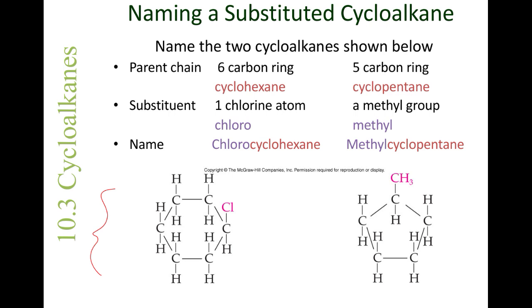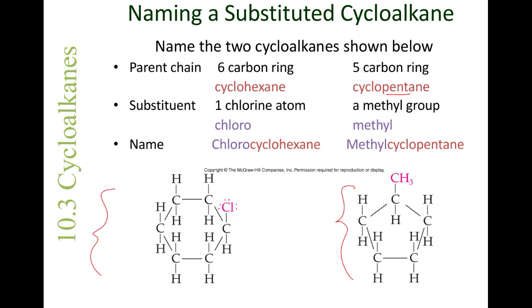In the second example, there are 5 carbons in the ring, so that must be a cyclopentane. Next, you look for the substituent. In the first example, we have a chlorine, so that gets the prefix chloro. On the cyclopentane, we have a methyl group, so that gets the prefix methyl. Putting the whole name together, the first is chlorocyclohexane, and the second is methylcyclopentane.